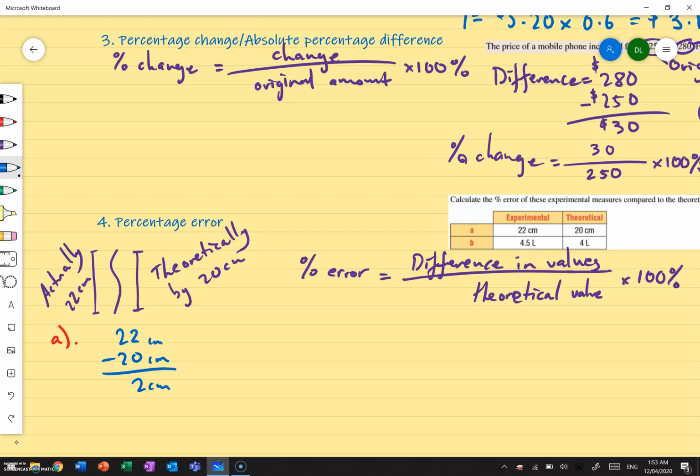So let's use the formula. My percentage error is equal to my difference value, which is 2, divided by my theoretical, which is 20, times by 100%. Using a calculator, that's the same as 0.1 times 100%, which comes out to 10%. So it's a 10% percentage error. And that's it.